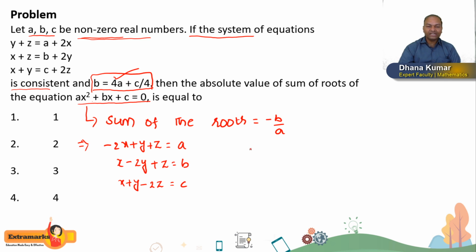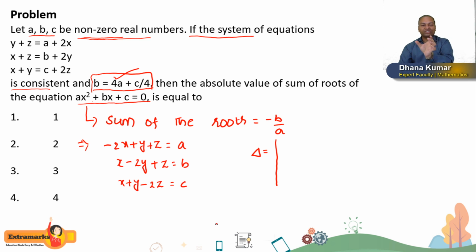Okay, right. Let us see. First I am calculating delta. Delta means the determinant of this coefficient matrix. Here, first equation x, y, z coefficients write down in the first row. Second equation coefficients write down in the second row.